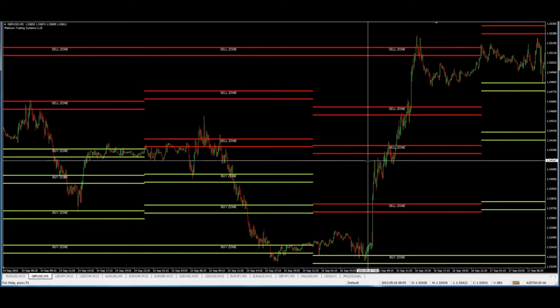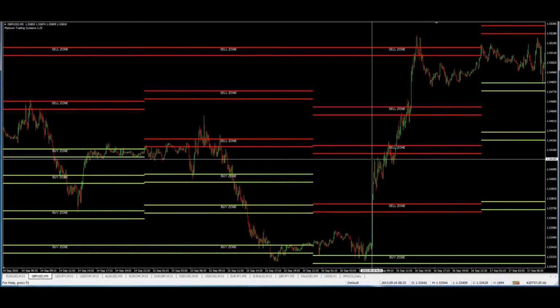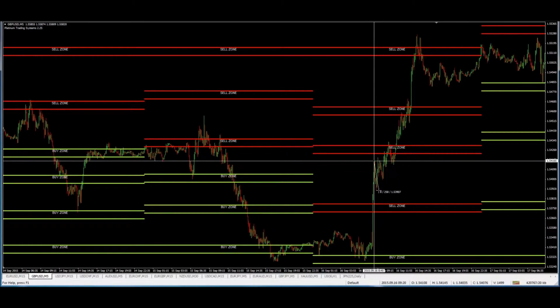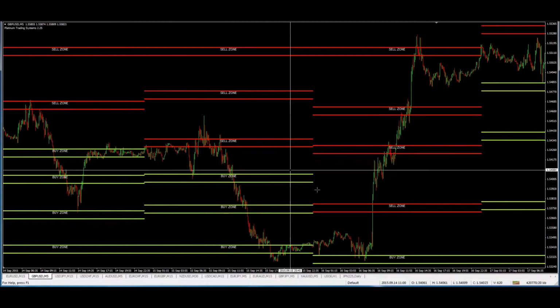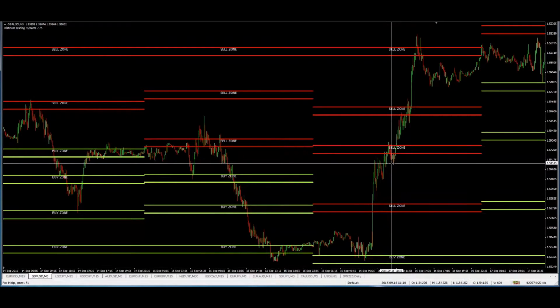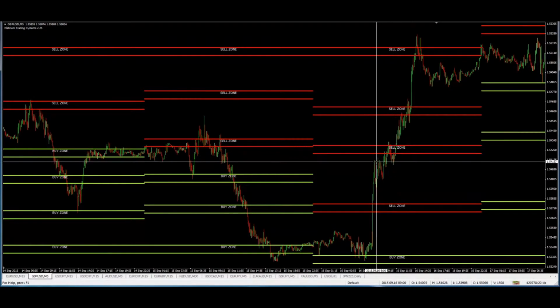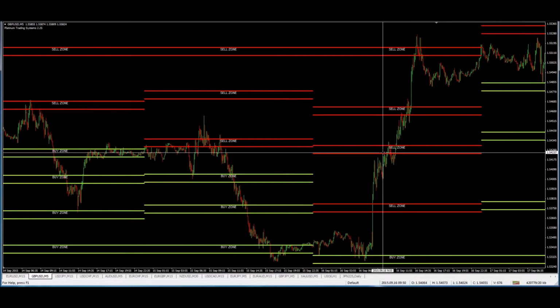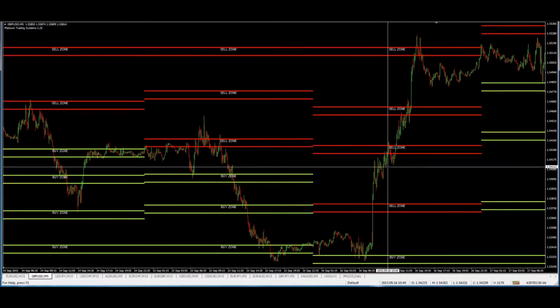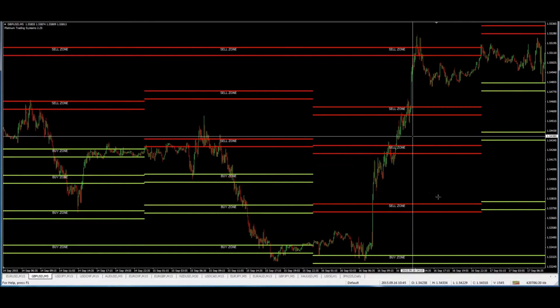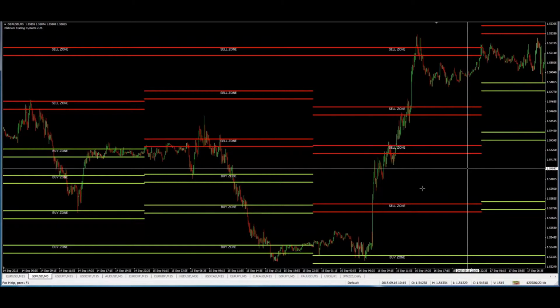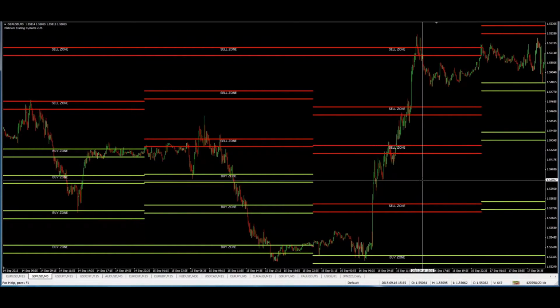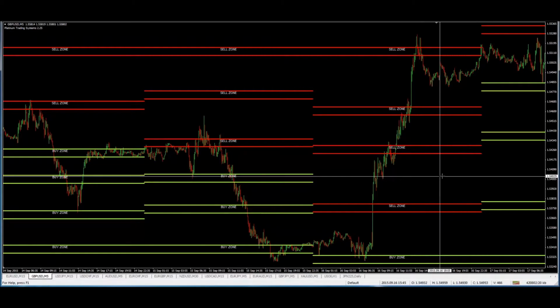Just before the zone, it did come to about 54.17, within 5 or 6 pips of the level, and did come down its 20 pips. But if traders weren't at their screen and weren't able to get in at that particular level, then you would have got in at this level here, and it didn't quite make its 20 before going on up and being stopped. So depending on whether you were at the screen or not, that would have been stopped out, or you would have made profits off that particular trade.